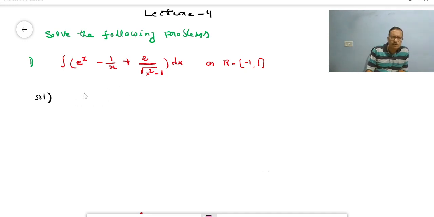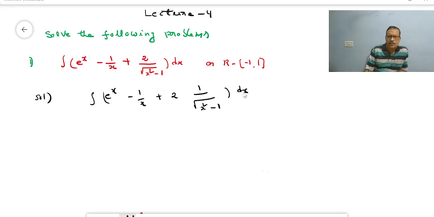So what is given? Integral of e^x − 1/x + 2 into 1 by root of x² − 1 dx. What is the formula of integral of e^x dx? e^x.